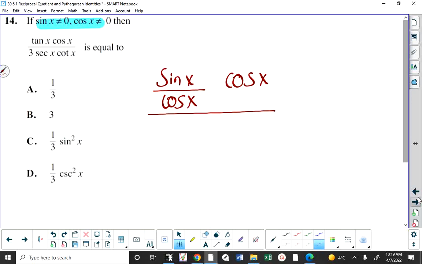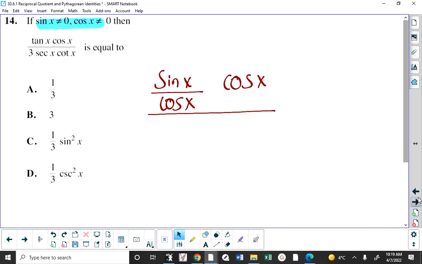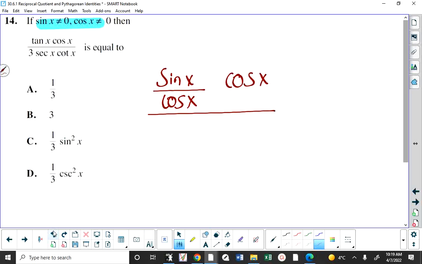I see sometimes students write times cos x, and they're just very lazy about it. You can very easily see how you might think that's sine over cos squared, but it's not. Okay.